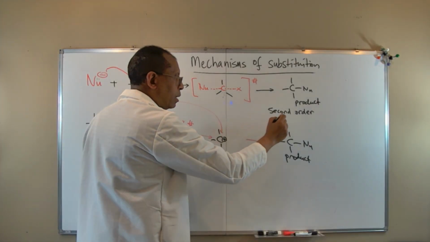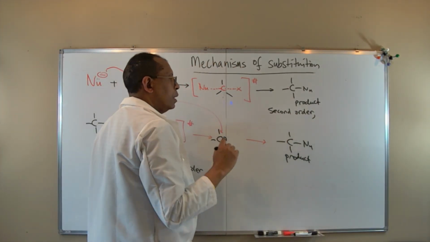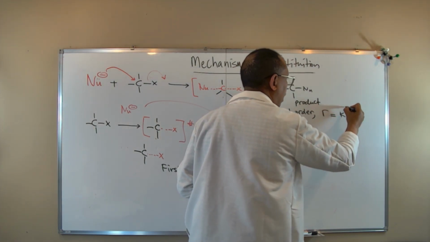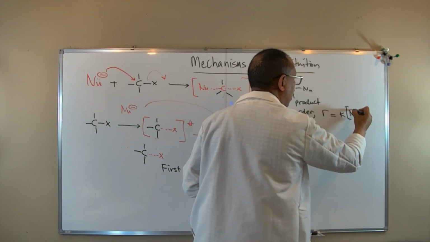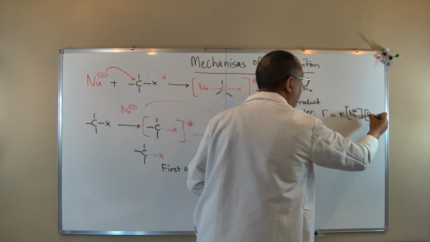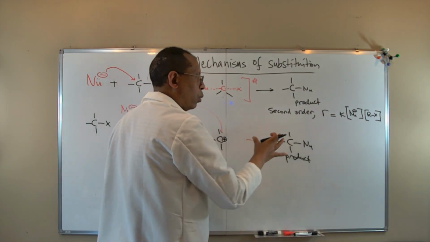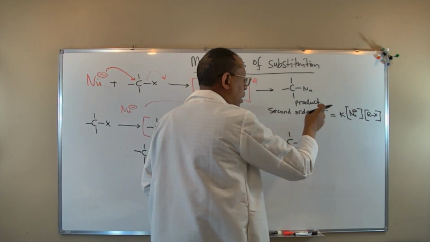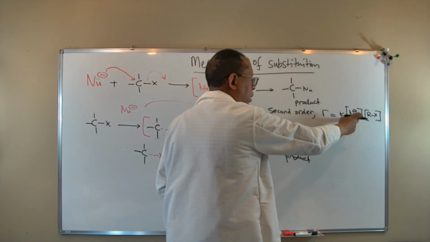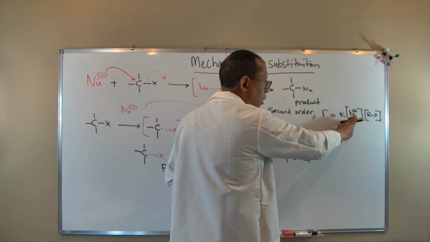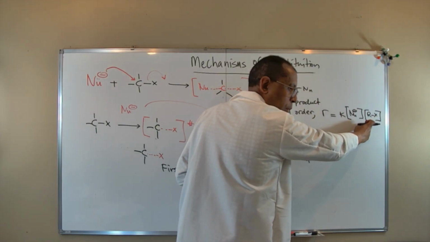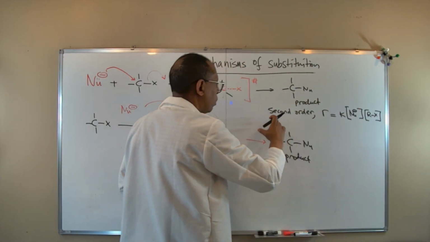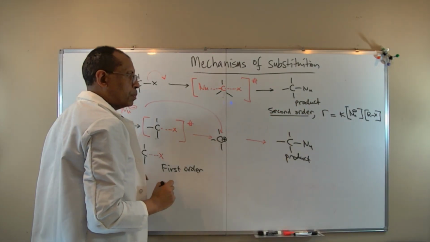Therefore, in this second order reaction, the rate of the reaction is k, the rate constant, times the nucleophile times RX, the alkyl halide. That's why we call it a second order reaction, meaning that this reaction is first order with respect to the nucleophile and first order with respect to the alkyl halide, 1 and 1, so both give you second order.